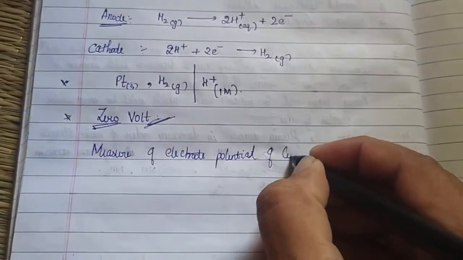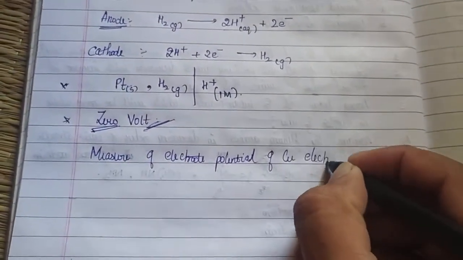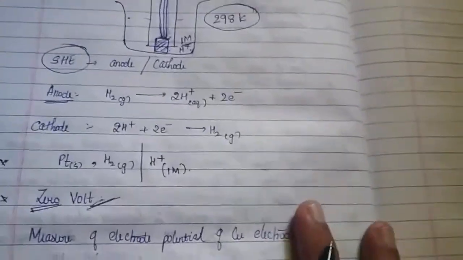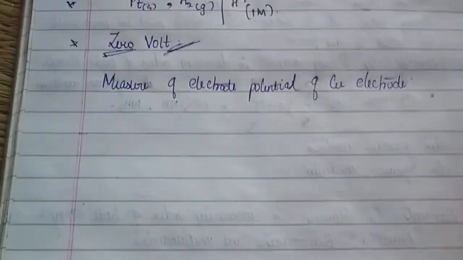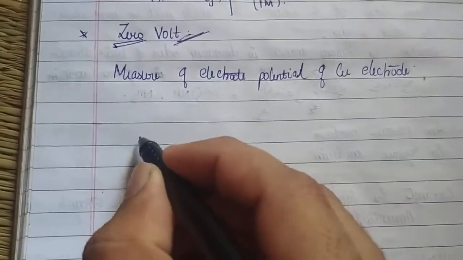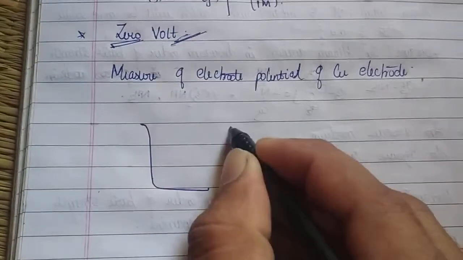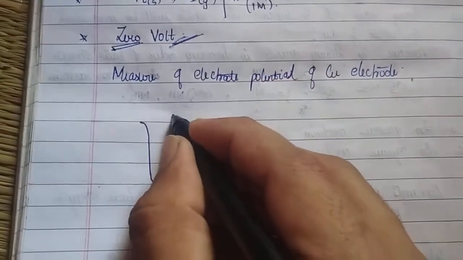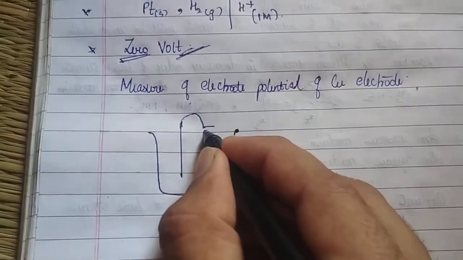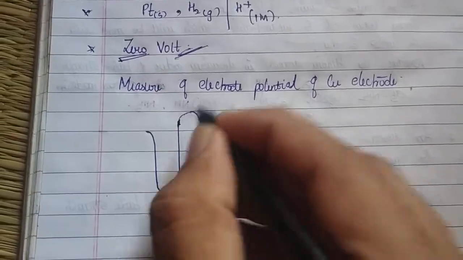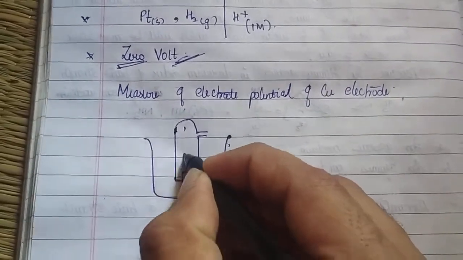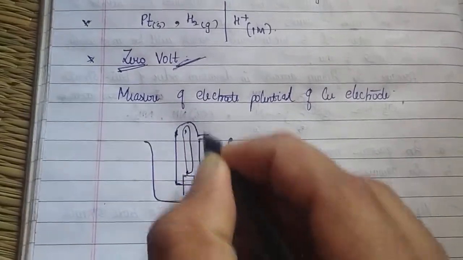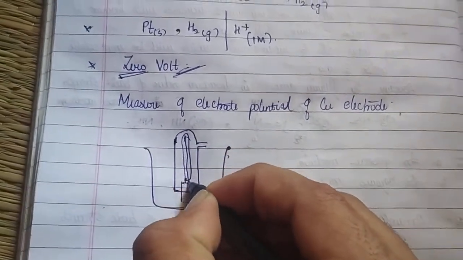First of all, let us check out how we can measure the electrode potential of the copper electrode. So of course, guys, in your textbook they have given you this figure directly. First of all, I will write that figure. Here you will have the SHE, and over here a sealed glass tube, and here your platinum wire.